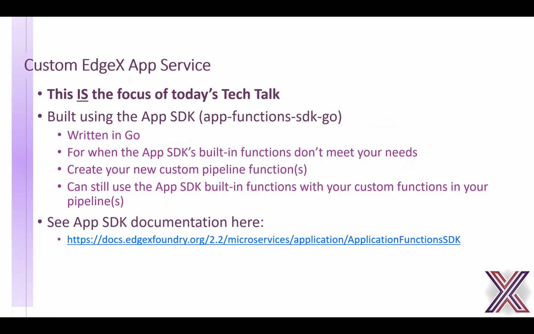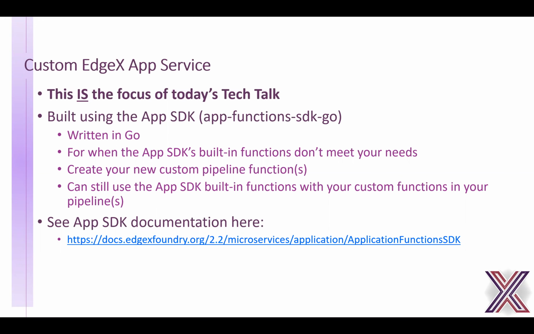Then there's a custom app service, which we're focusing on today. Again, you build it using the application functions SDK, written in Go. Use it for when the built-in functions don't meet your needs. You need to create your new custom pipeline functions.